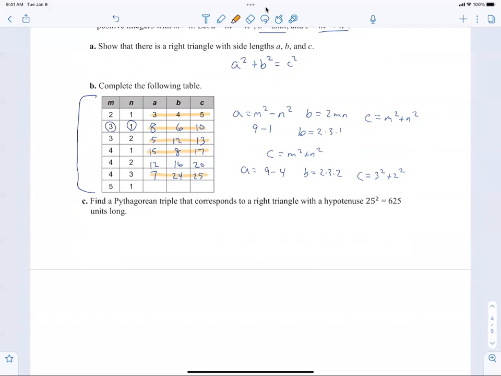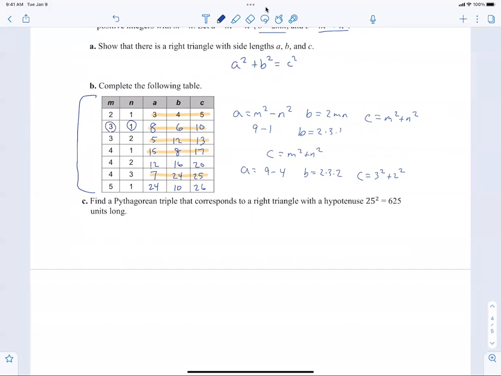All right. Now, let's just do the last one. What was the last one? 5 squared minus 1, 24. And then 2 times 5 times 1 is 10. And then the last one is 26. And that's also a multiple of 5, 12, 13.